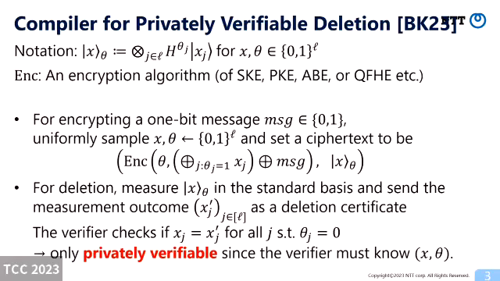For decryption, if one is given the decryption key for Enc, one can first recover the basis choice theta, and then by using the BB84 state, you can recover x, and finally you can unmask the message. And for deletion, the receiver measures the BB84 state in the standard basis and simply sends the measurement outcome as a deletion certificate.